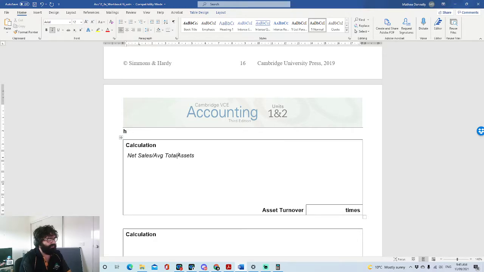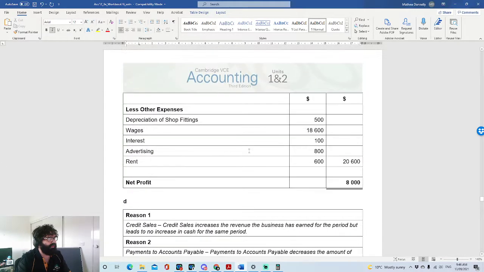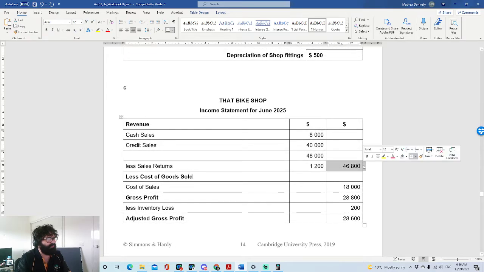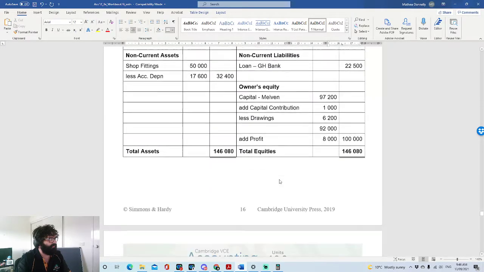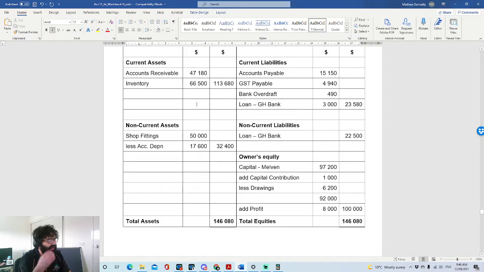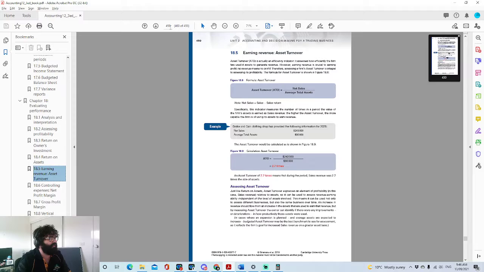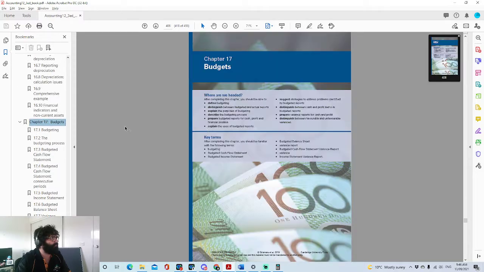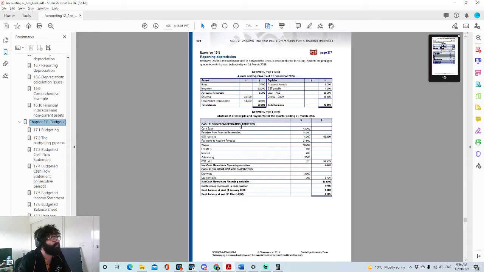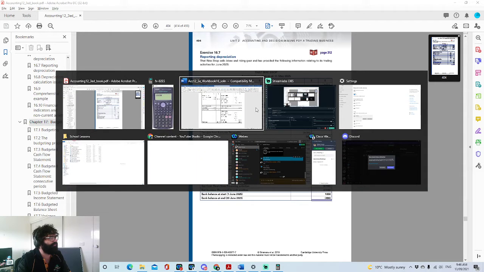So we just got to grab our numbers from that. So let's go to our income statement, and our net sales is 46,800. So that's where we've got to use the income statement, 46,800. The average total asset, so our end was 146,080, and our assets at the start were 144,750.